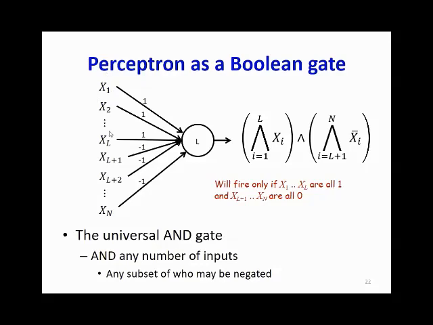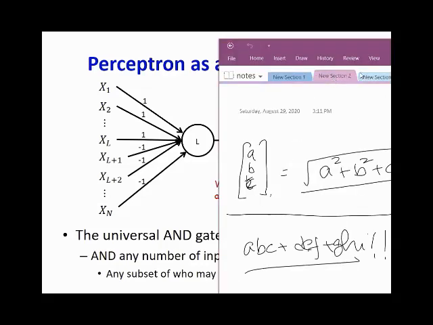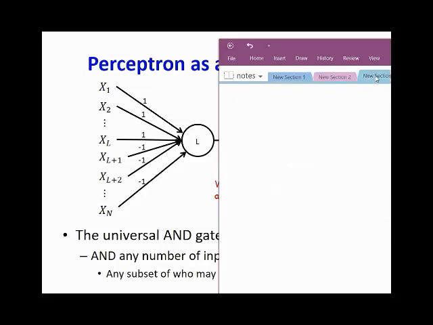Let's first consider the situation where you have just the target pattern. If I have 1s over here for L times and 0s over here for the remaining n minus L times, then since these have weights 1, the total sum is L. What goes from here doesn't matter. And so under this specific condition, the threshold is met and it will fire.